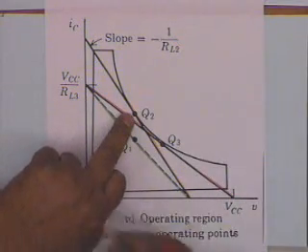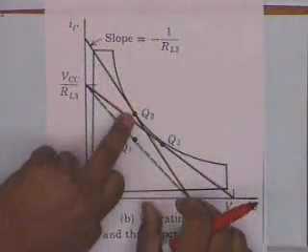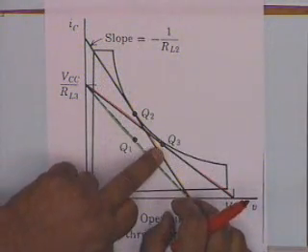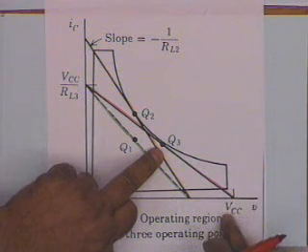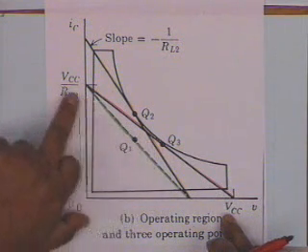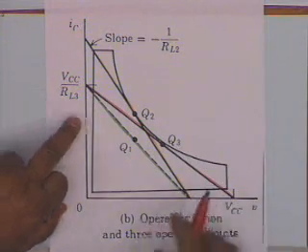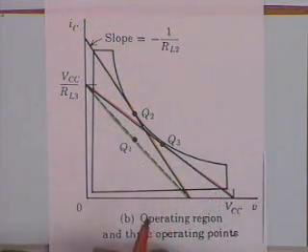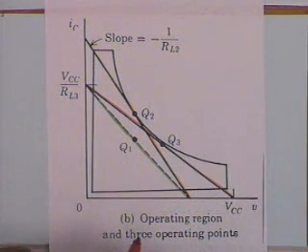What is Q2? Q2 allows maximum possible current swing, restricts the voltage swing. Q3 allows maximum possible voltage swing. This is VCC, but restricts the current swing to VCC by RL. Alright? Now, any point between Q2 and Q3 gives almost the same power at the output.